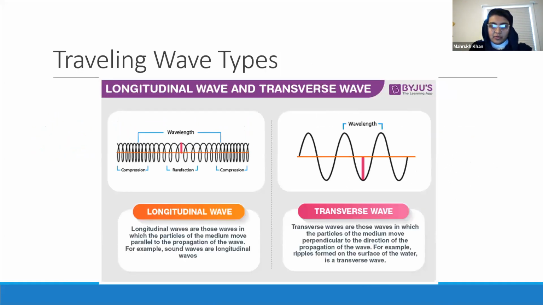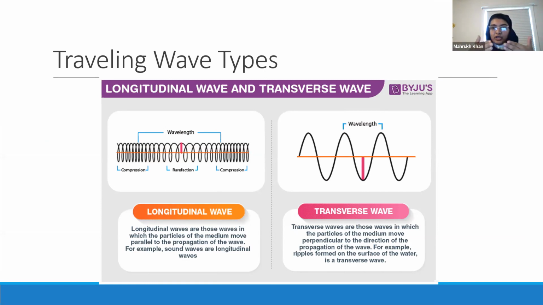But I don't think we talked about this, but there are two types of waves. One is longitudinal wave and one is transverse wave. In the longitudinal waves, your particles change in the direction of motion, like the spring has this longitudinal effect in it.